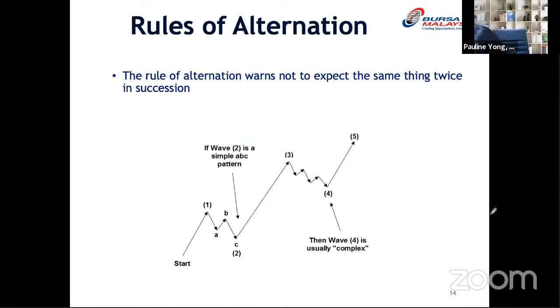Is it possible that wave 5 extended to become wave 3? How to identify it? Or corrective wave C becomes an A? All these are possible. Whether wave 5 can be extended, it is also possible. But when you see something like that, it means it is not very clear.